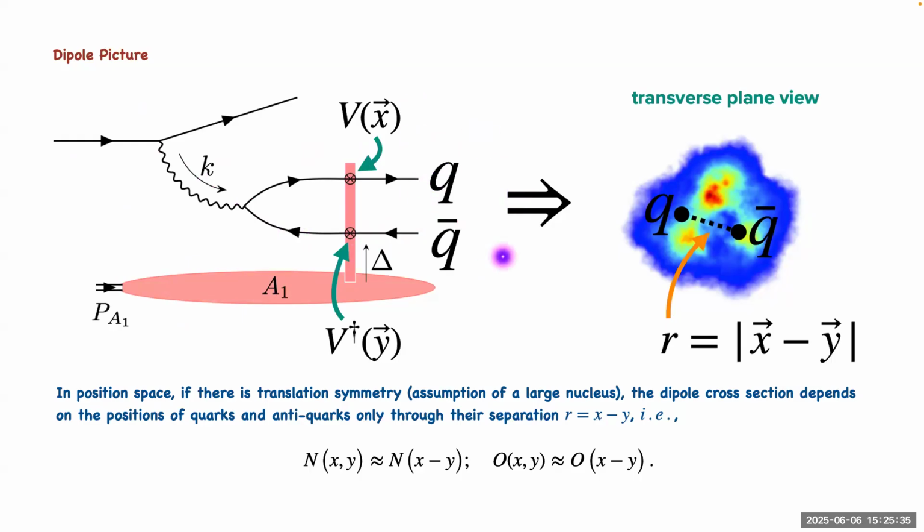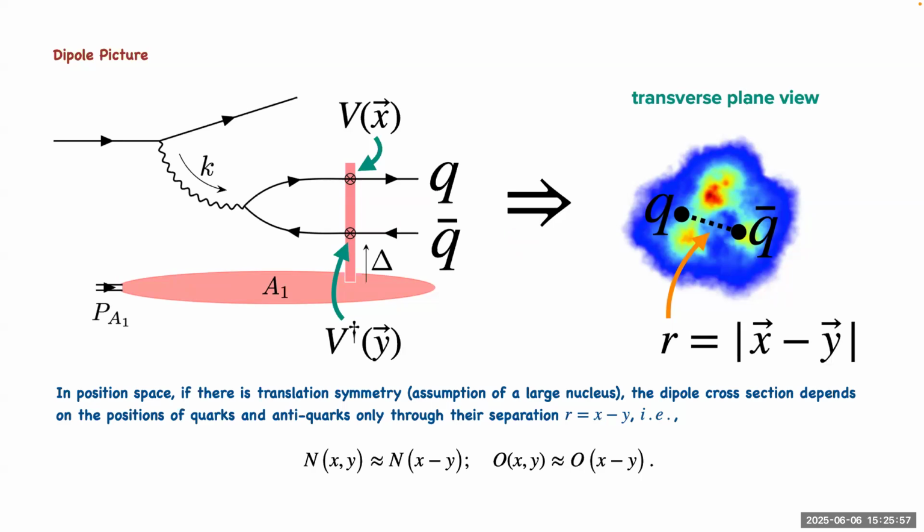And this quark-antiquark pair is supposed to interact with the hadron. But the interesting point here is if I take this position to be X and this position to be Y, and if I switch them, nothing happens. There is a translation symmetry.